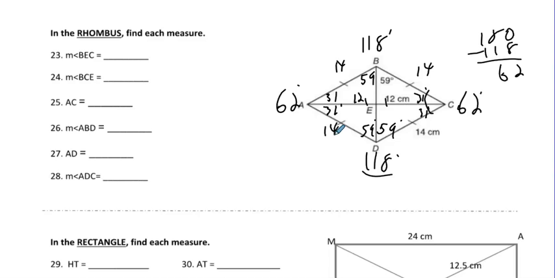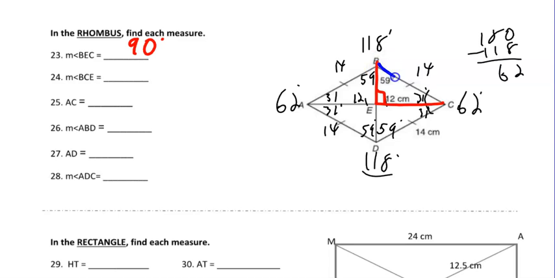Now look how easy it's going to be to answer these questions. BEC. So B to the E to the C. Well, remember, in a rhombus, these angles in the middle are 90 degrees. They're perpendicular lines. BCE.